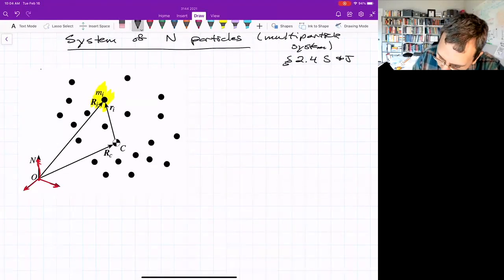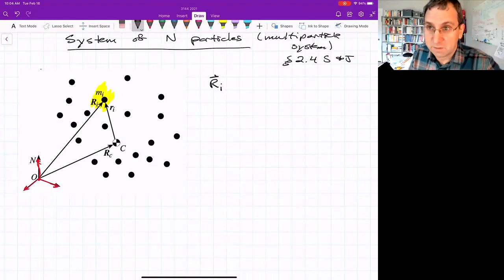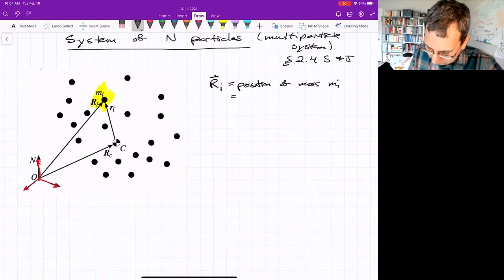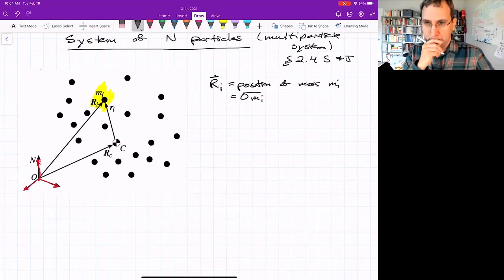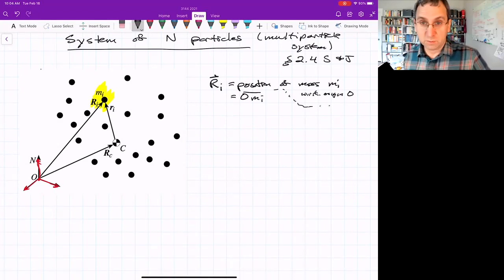So Ri, capital Ri, is the position of mass mi. And by that we mean, from the inertial origin to mi. So it's the position of mass mi with respect to the origin O of some chosen inertial frame.